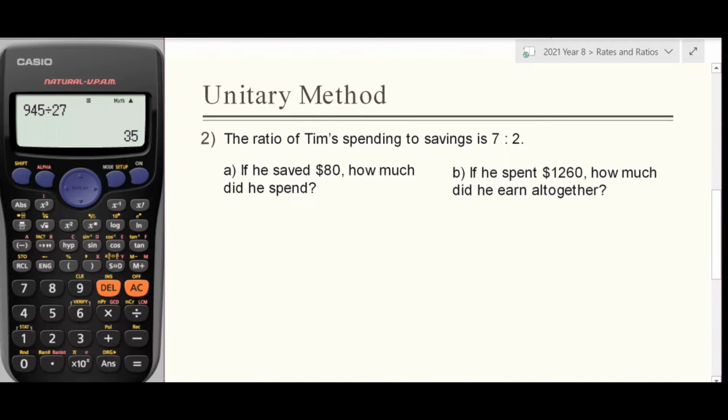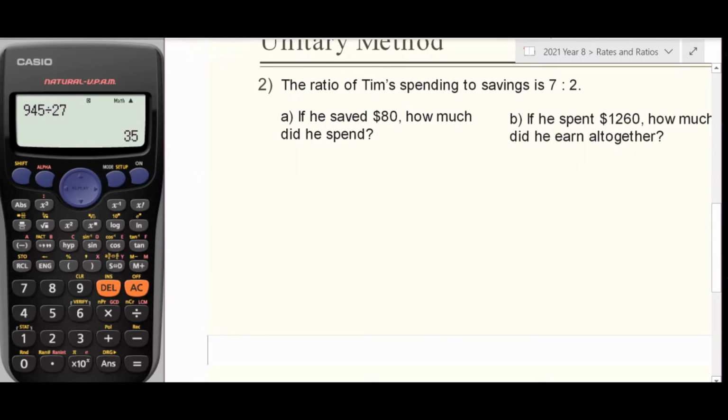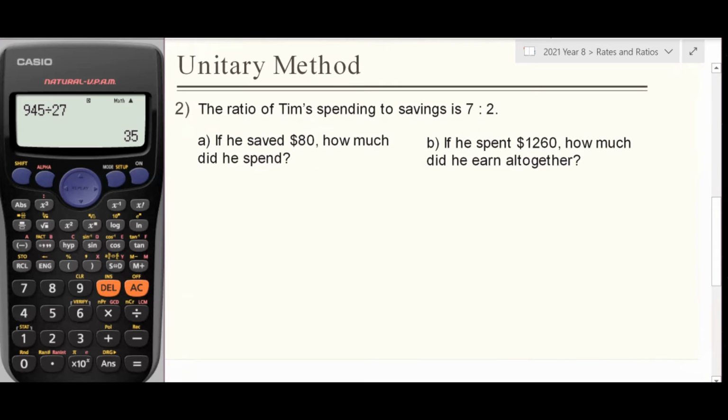In question number 2, the ratio of Tim's spending to savings is 7:2. If he saved $80, how much did he spend? First, we're going to write down what the ratios represent.